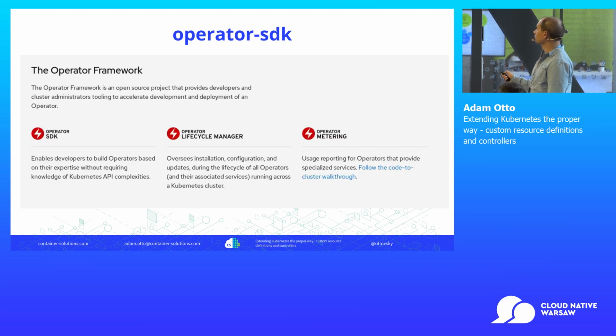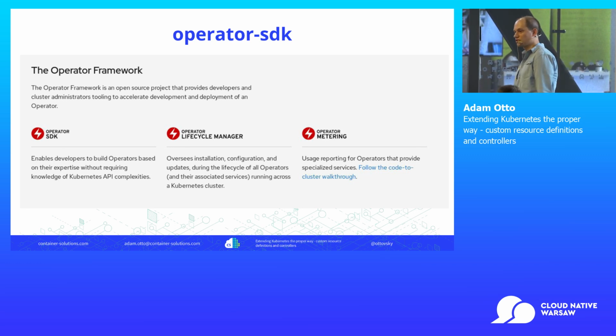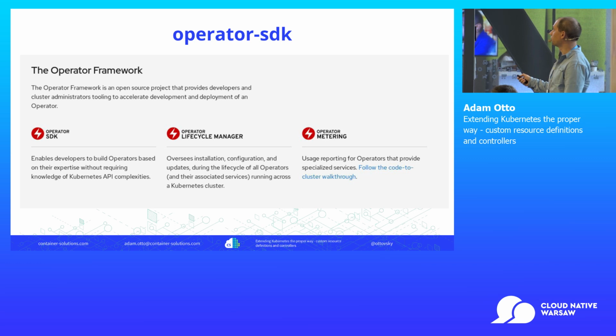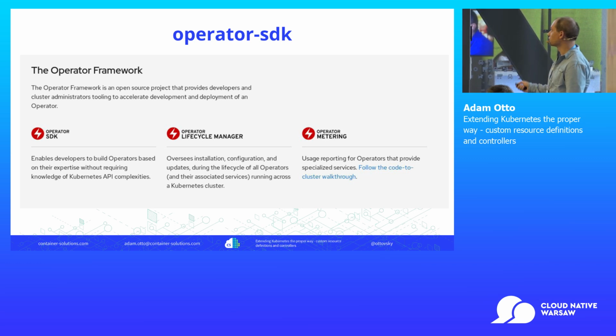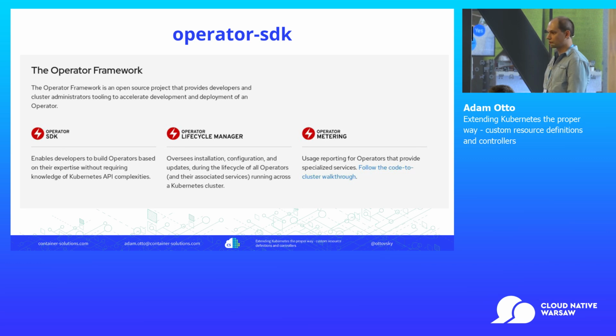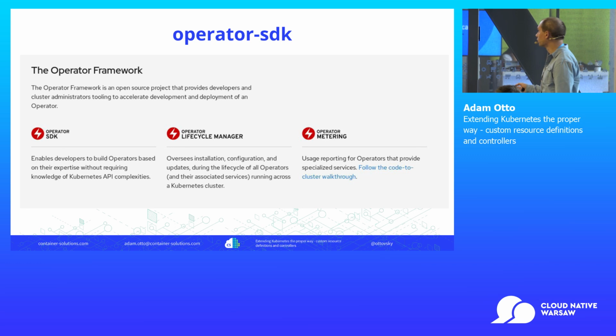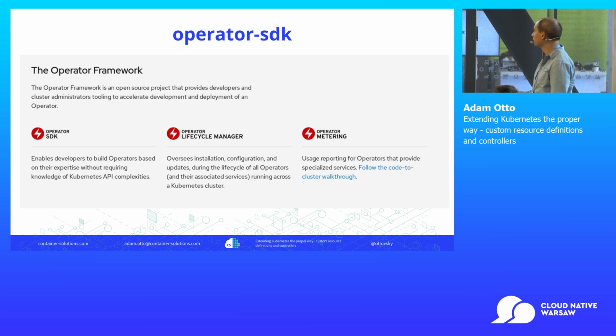Since Red Hat is behind operator-sdk, there is already a whole ecosystem created around it. We have the operator lifecycle manager, which I mentioned before. It allows you to easily do the versioning of your operator. There is also an operator metering service, so you can get nice usage reports for your operators.